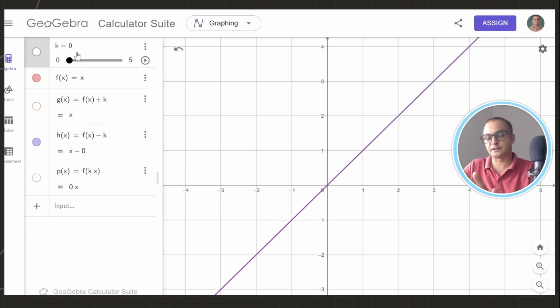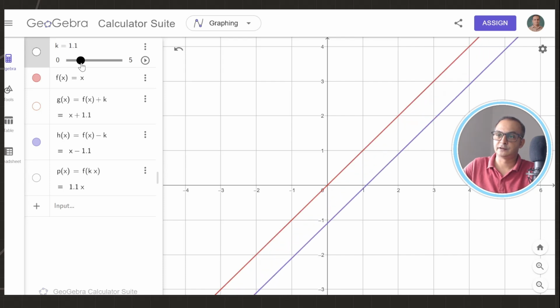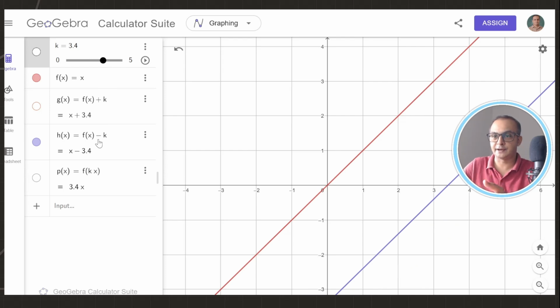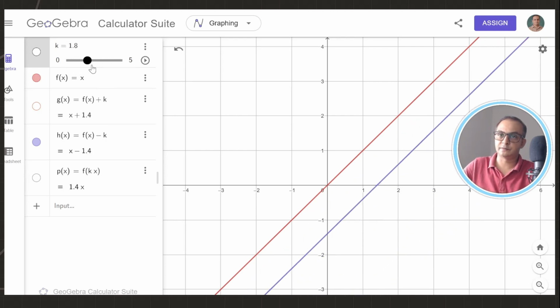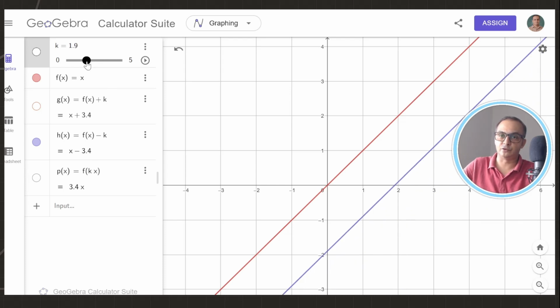Because k I'm always taking positive, I'm going to give the value k higher than 0, so the graph shifted down, because now the minus sign is acting as a minus sign because k is a positive value. So you can observe that when k is subtracted from the function, the graph will shift downward.